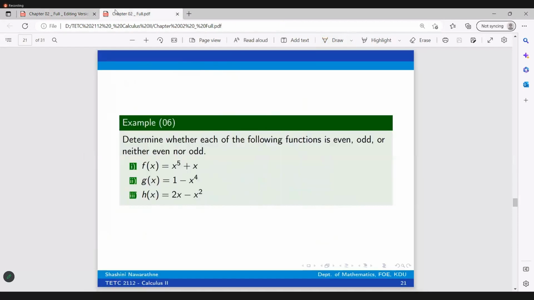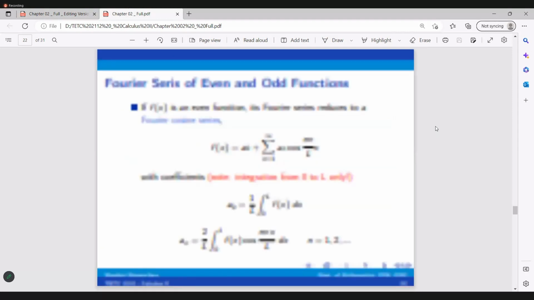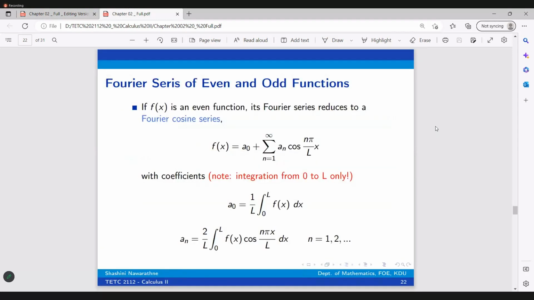Okay, so let's discuss why we need this odd and even function in the case of Fourier series. If we are asked to find the Fourier series of an odd or even function, then we don't need to go through all three coefficients.